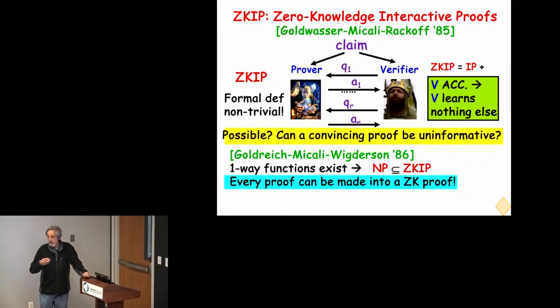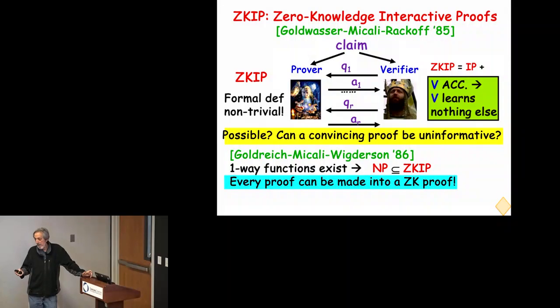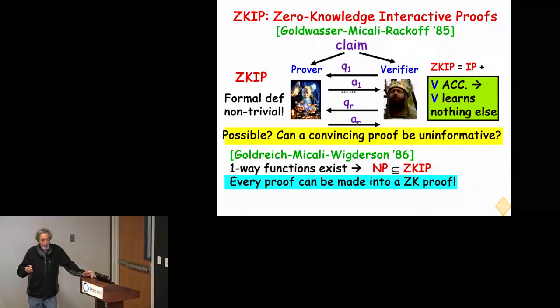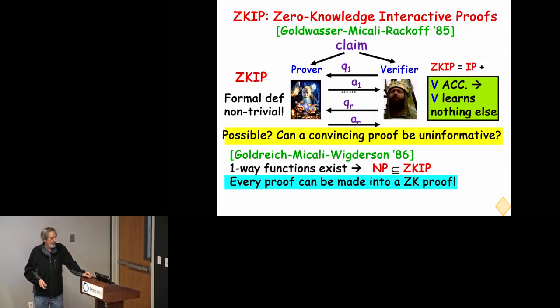So cryptography is used to say that the two distributions I talked about, the real conversation and the simulated conversation, may not be identical, but you cannot tell them apart. So you don't learn anything in this sense. You could not have gained any information in your lifetime about this proof.